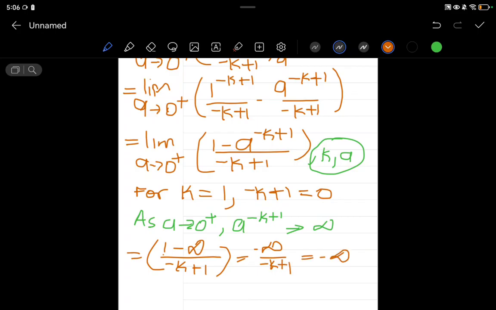It can be minus infinity or positive infinity, doesn't matter as long as it's going to diverge. Someone could say this is minus infinity, then factor out the negative and say k minus 1, then this would be infinity over k minus 1, and it's infinity. So when k is equal to 1, this thing diverges.